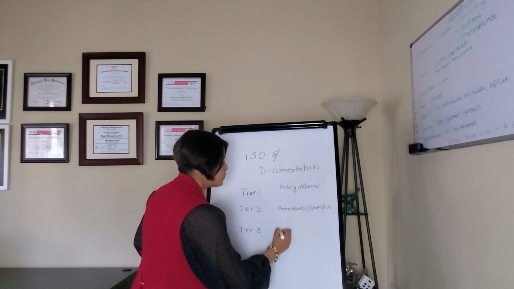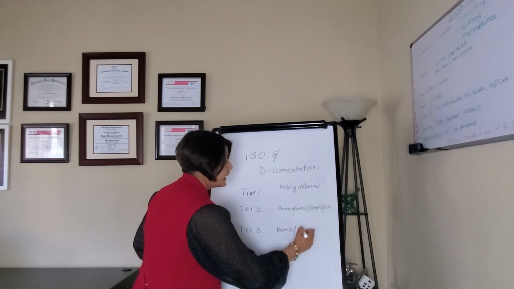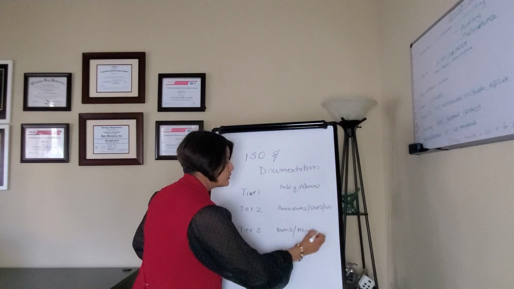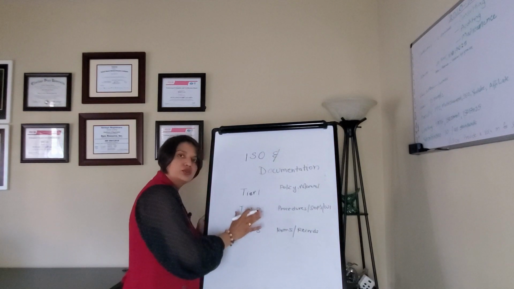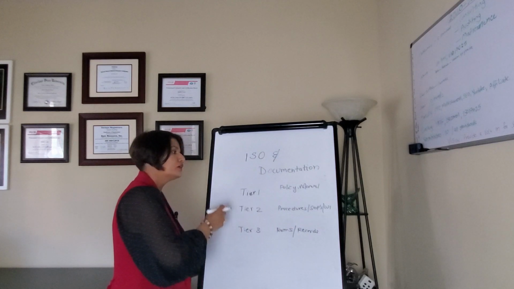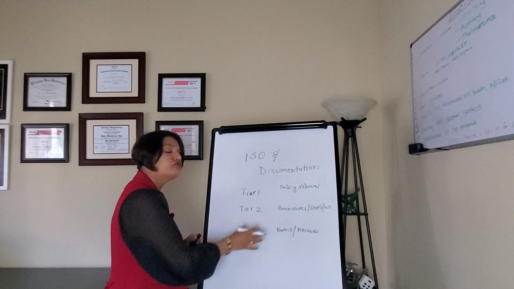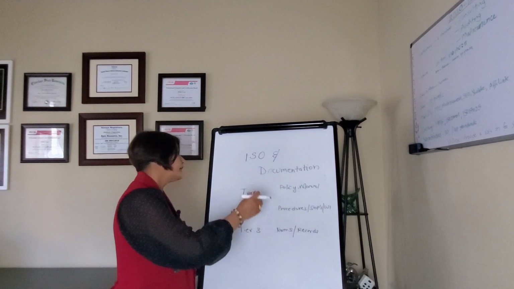Tier 3 is forms. These are templates and records. Sometimes this tier 2 is broken down further into procedures, and the tier 3 is SOPs and work instructions, and tier 4 is the forms or the templates and records.